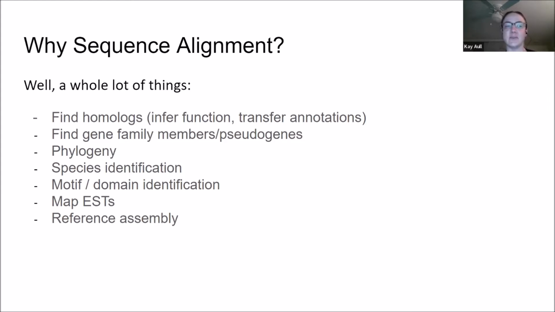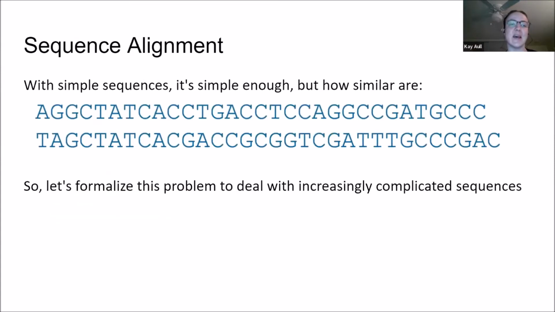This does a lot of useful things for you. It's a very common task in bioinformatics. If you've got a toy sequence that's four bases long, it's very easy, but how similar are even these primer length things? You have to formalize the problem to deal with these increasingly complicated sequences.